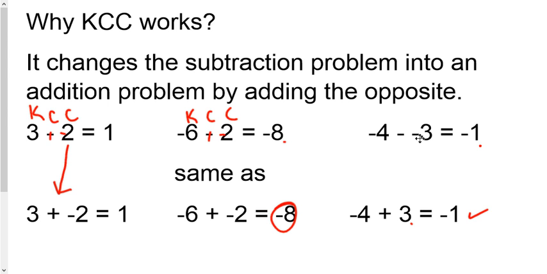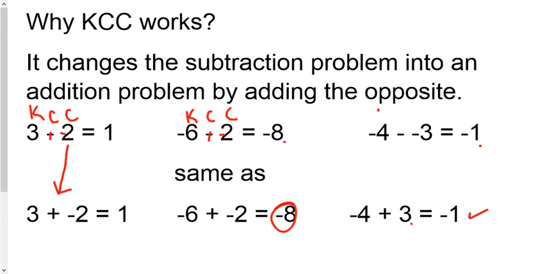So why don't we create an addition problem from the subtraction problem following the simple saying of K, C, C. We're going to basically keep this sign, change the subtraction to addition, and then change the sign of the second number. Well, there you go. -4 plus +3 is -1. It works because we turn the subtraction problem into an addition problem just by adding the opposite number.